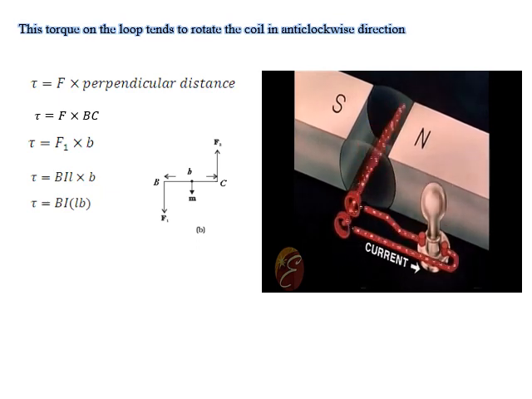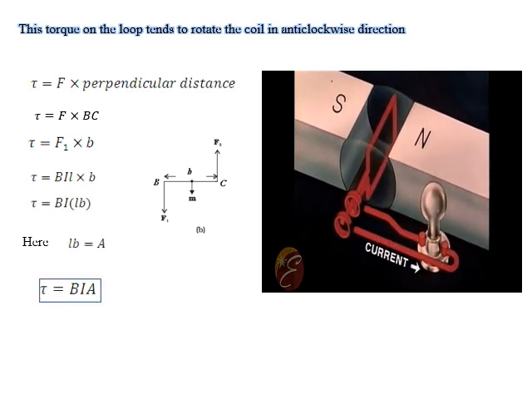Length into breadth is what? Area. So I will just substitute that in the equation here. So torque becomes BIA. So this is the equation for torque when the loop is along the magnetic field.